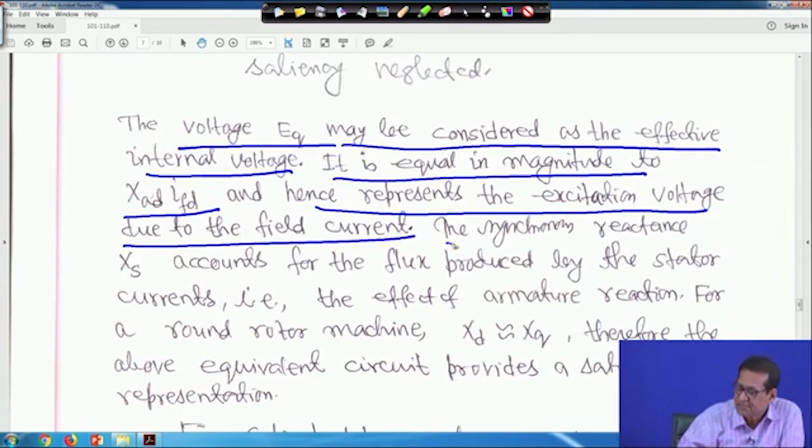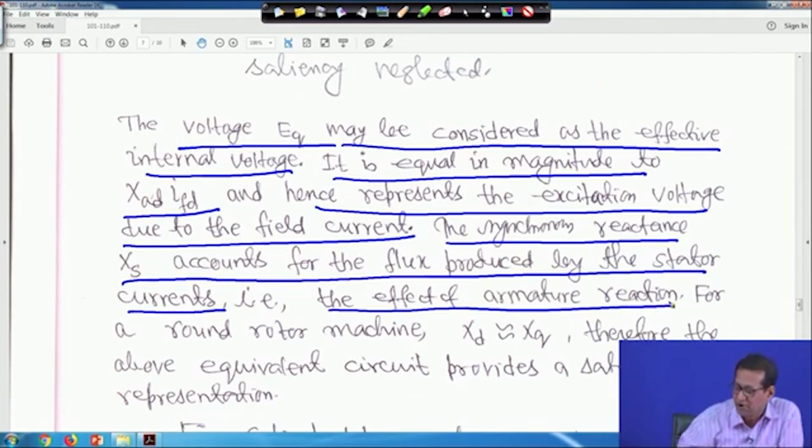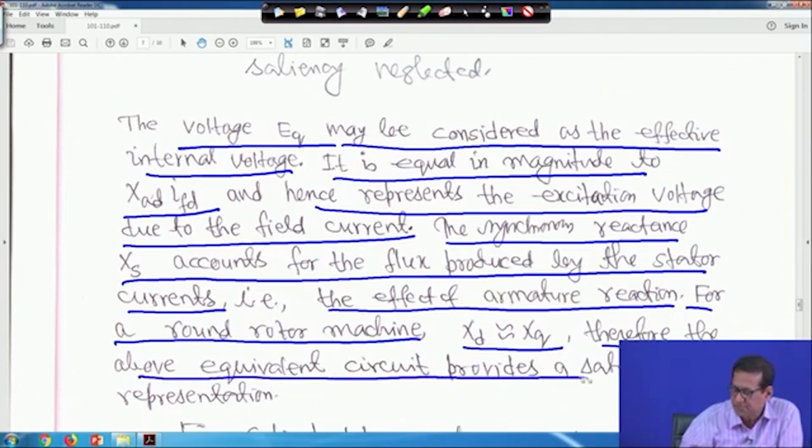The synchronous reactance xs accounts for the flux produced by the stator currents, that is, the effect of armature reaction. For a round rotor machine, xd is approximately equal to xq, which we have taken as xs. Therefore, the above equivalent circuit provides a satisfactory representation.